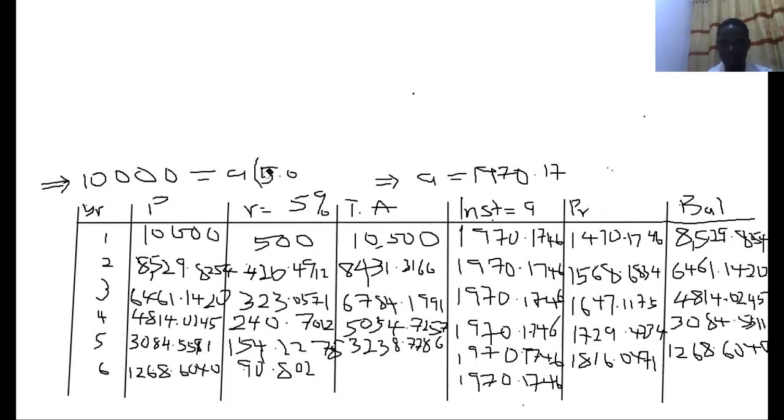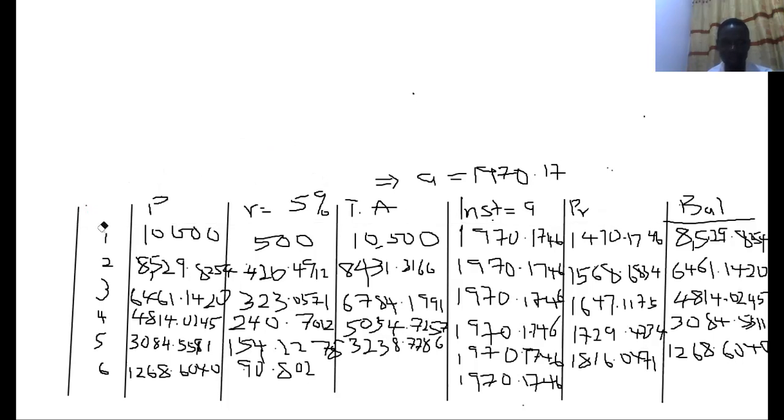That's all. Remember that this one, the annuity factor, we also have annuity tables that we can read straight, but I cannot show you unless I show you the table. There is also a table for sinking fund.